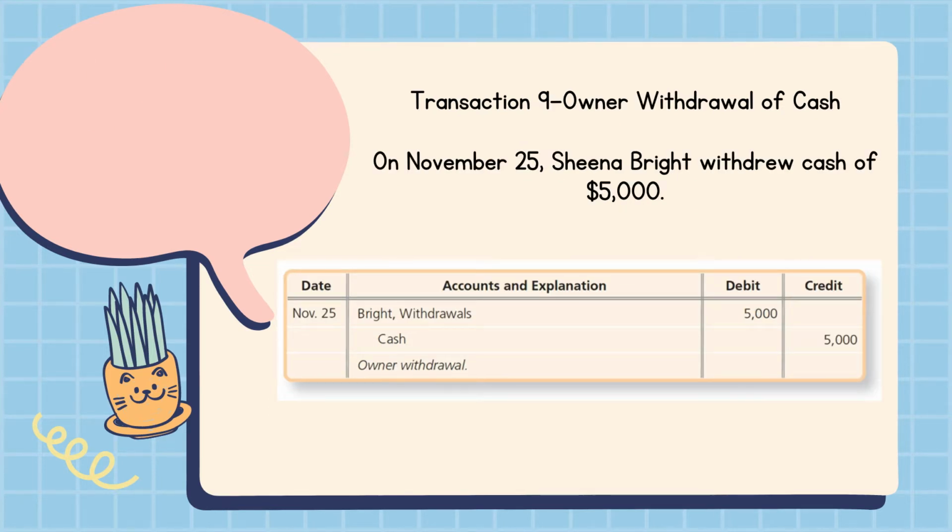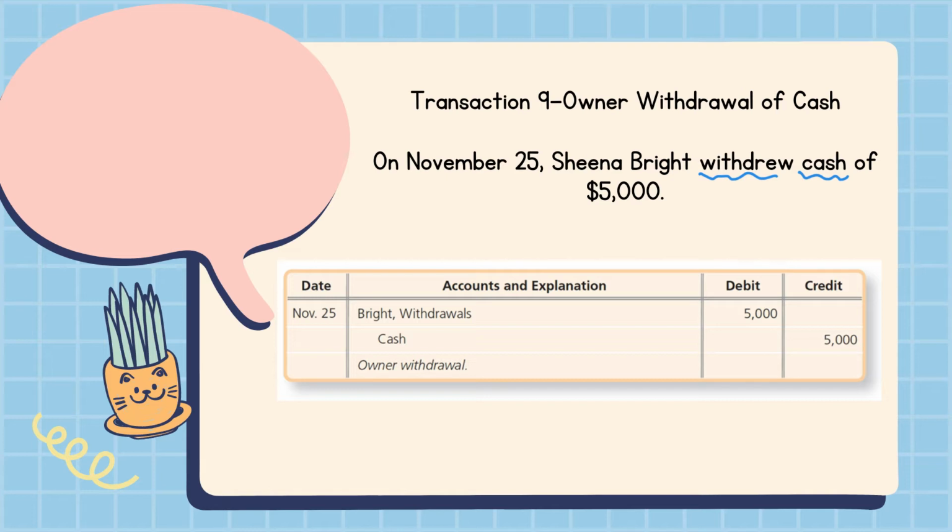Transaction 9, owner withdrawal of cash. On November 25th, Sheena Bright withdrew cash of 5,000. So withdrawal, and the business cash decreased. So these are the two accounts affected by this transaction.